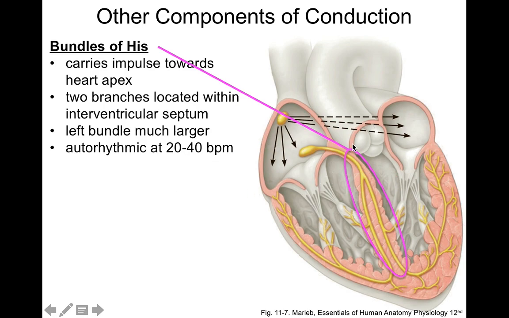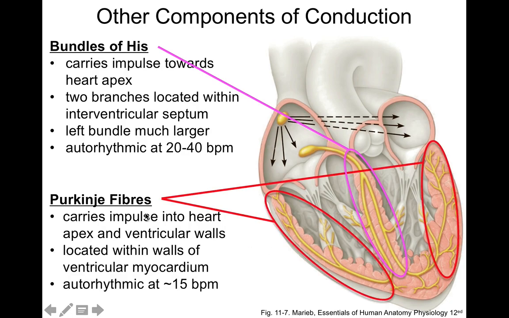So if there wasn't any signal coming from the SA node or the AV node, the bundle branch would then start serving as its own pacemaker. Then finally, you have the Purkinje fibers, which carry impulses into the heart apex and ventricular walls. They're located within the ventricular myocardium. And also, you can see these also have their own autorhythmicity.